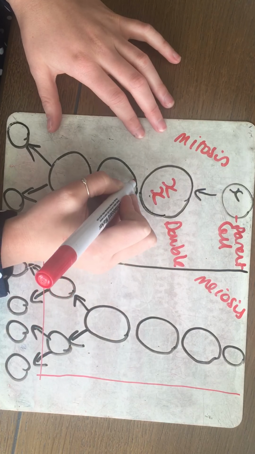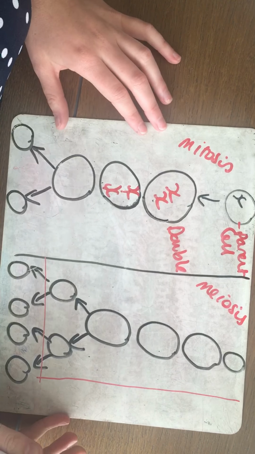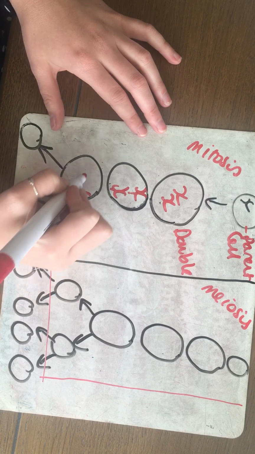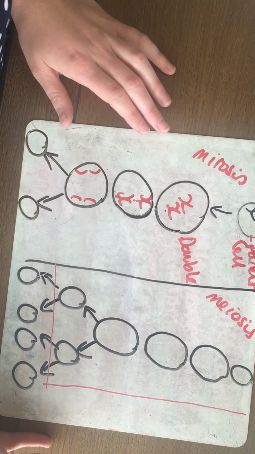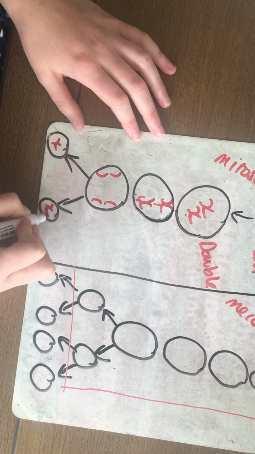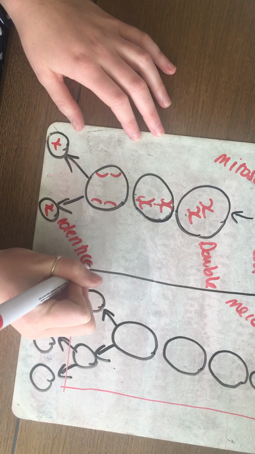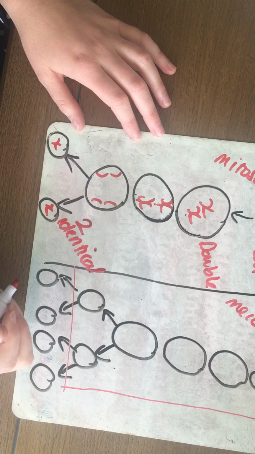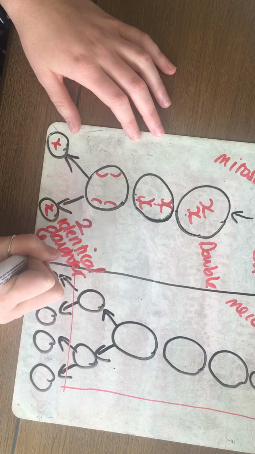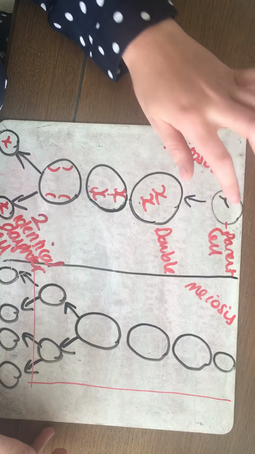They will then line up along the centre of that cell. They will then be pulled to opposite poles, which here is where the nuclear membrane divides, and you should have an identical or two identical daughter cells to the parent cell. Okay, so that's the process of mitosis.